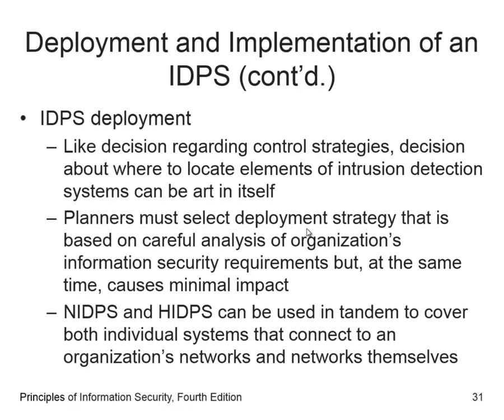As an organization selects an IDS and prepares for implementation, planners must select a deployment strategy based on careful analysis of the organization's information security requirements that integrates with the existing IT infrastructure, but at the same time causes minimal impact. The network IDS and the host IDS can be used in tandem to cover both the individual systems that cannot connect to an organization's network and the networks themselves.